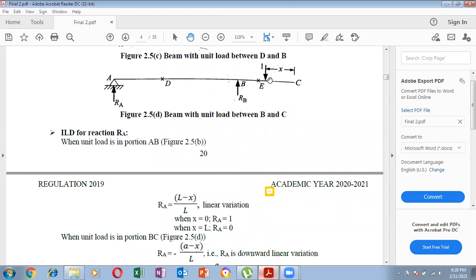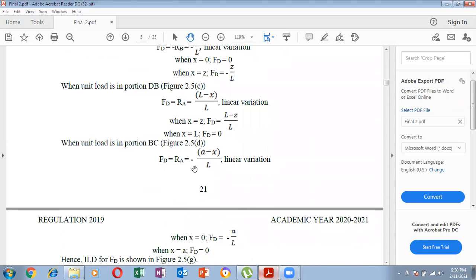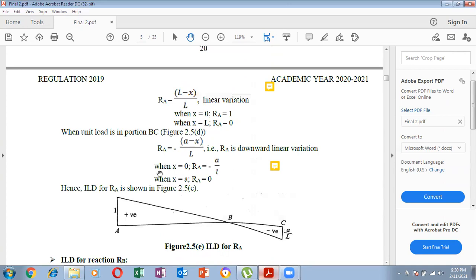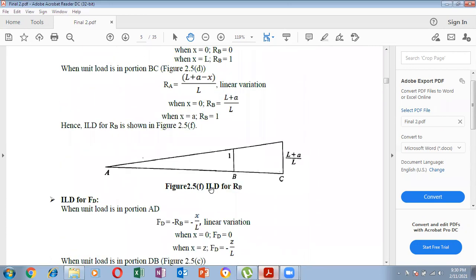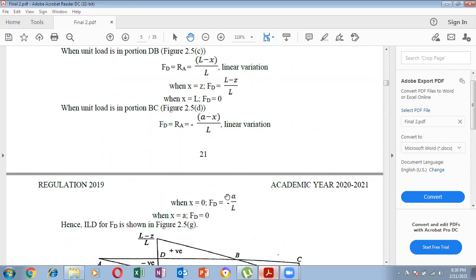However, here we are taking shear force about the point D. So the shear force will be RA, but here the value of RA is not (L minus H) by L. For the span it is (L minus H) by L, and for the overhanging portion it is minus (A minus H) by L. So substituting it there.